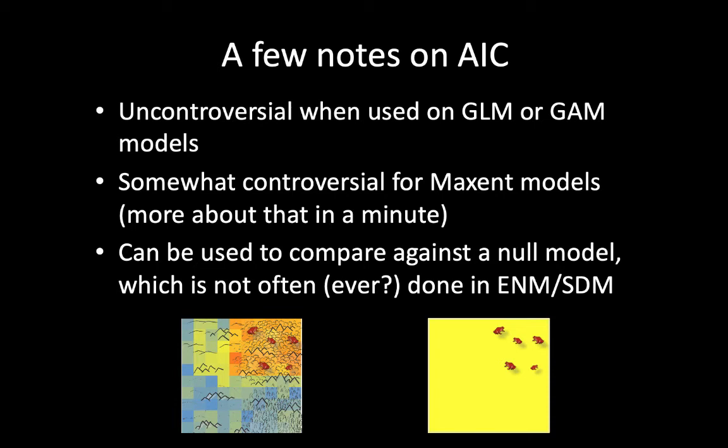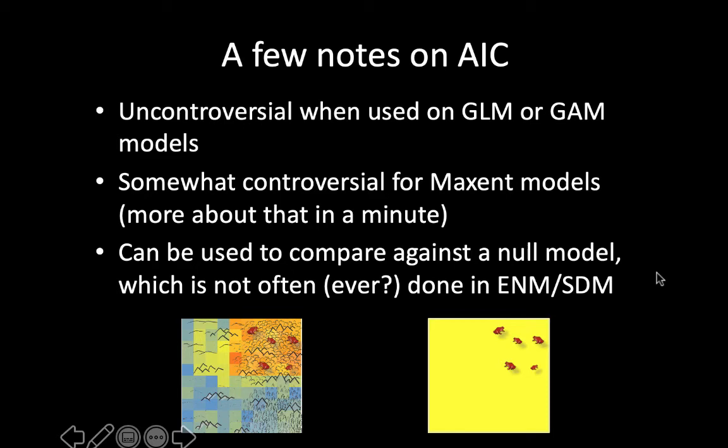And then once that is standardized so it all sums to 1, that approximates an intercept-only model of the species distribution, which is essentially what we use as a null model for AIC model selection in other contexts. So you actually could build a model or a set of candidate models, but include in there a null model and quantify at the very least how much better your model does than no model at all.